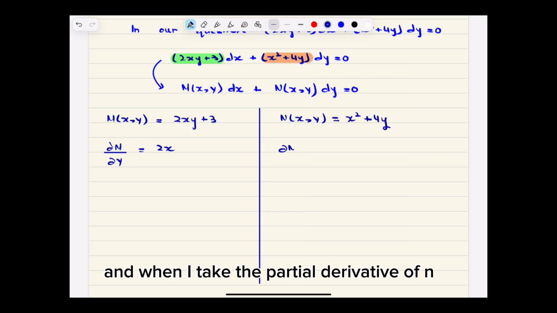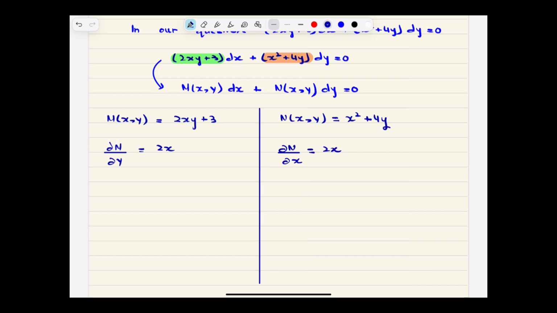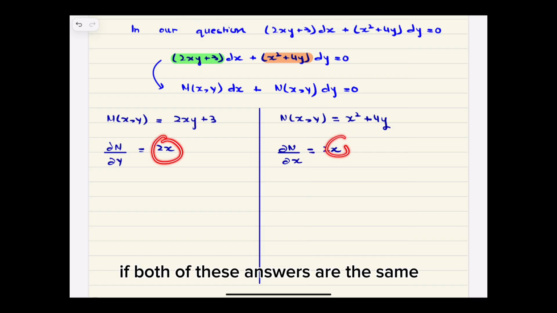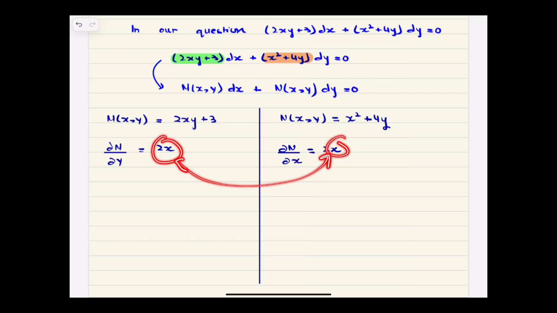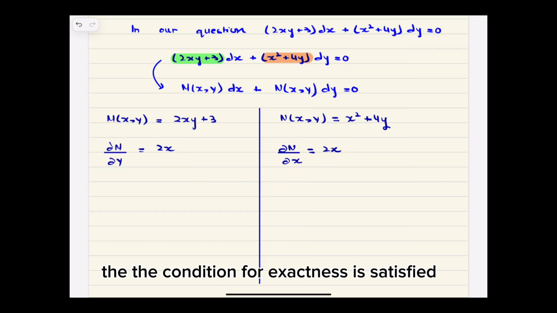When I take the partial derivative of N with respect to x, it's going to be 2x. If both of these answers are the same, then we will say that the condition for exactness is satisfied.